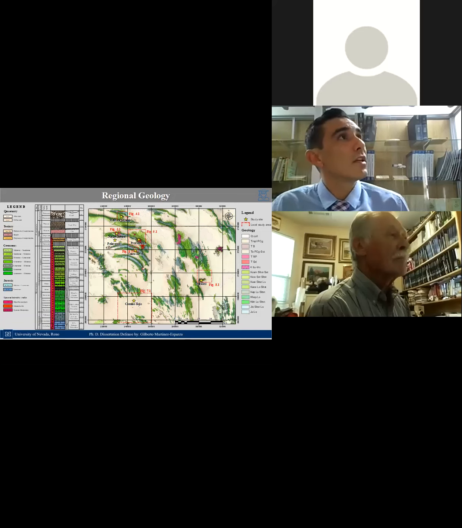Okay, the regional geology, as I mentioned, is formed by a thick package of marine sedimentary units, especially in the study locations. We share the same lithology, starting with the Zuluaga Formation, which is late Jurassic in age, then La Caja Formation, Taraises Formation, Cupido Formation, La Peña Formation, Cuesta del Cura Formation, Indidura Formation, Caracol Formation, and Parras Formation.